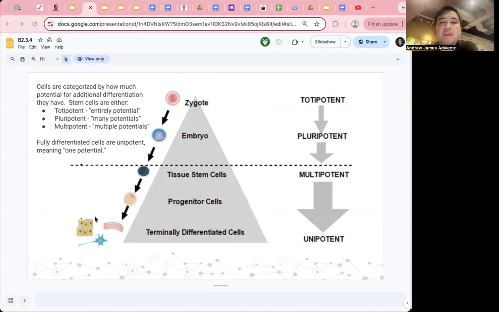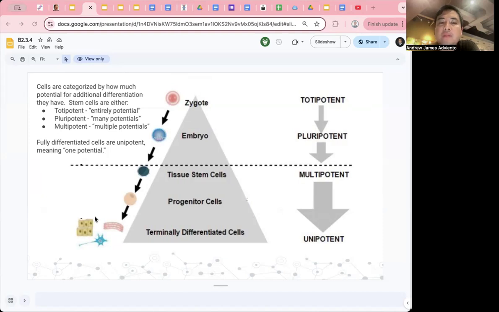So, what's the difference between totipotent, pluripotent, and multipotent stem cells? We are going to compare the three types. First, totipotent. Totipotent cells can develop into any cell type in the body and support structures like the placenta.